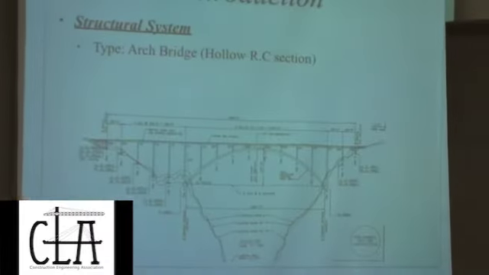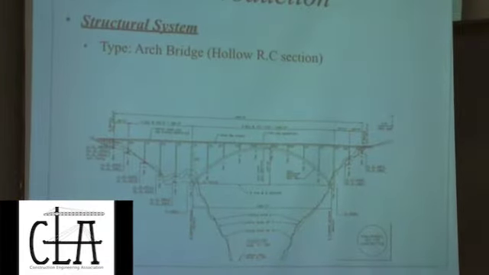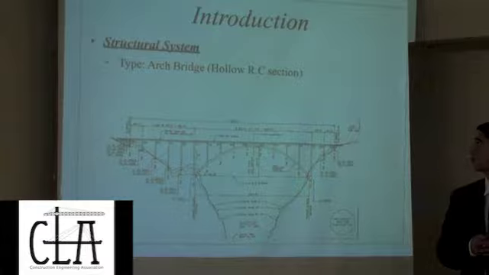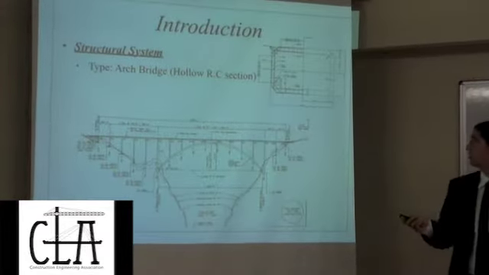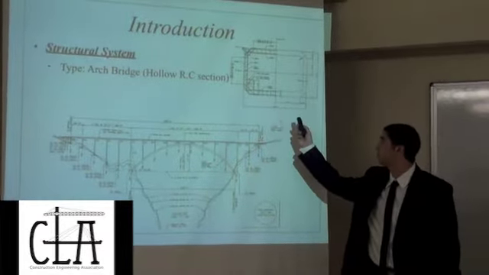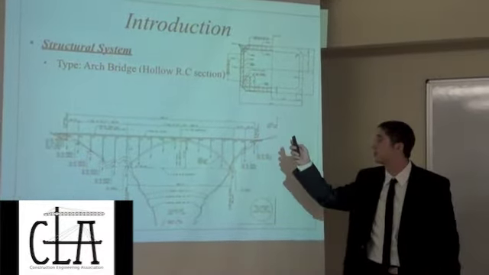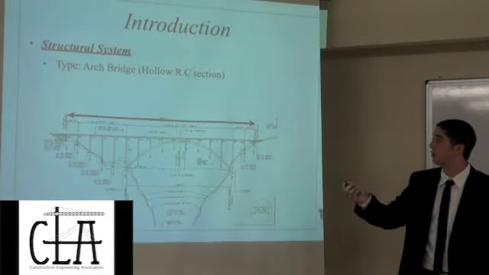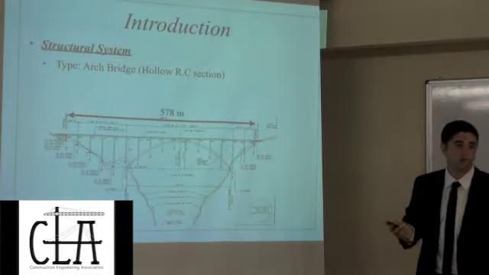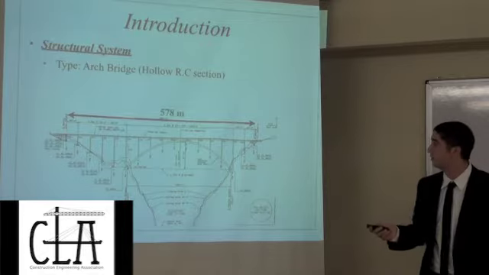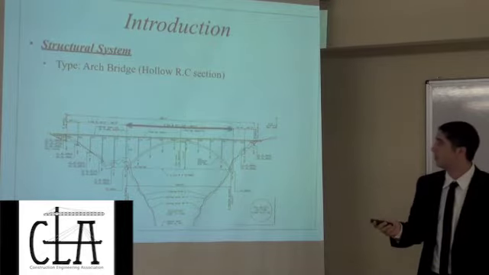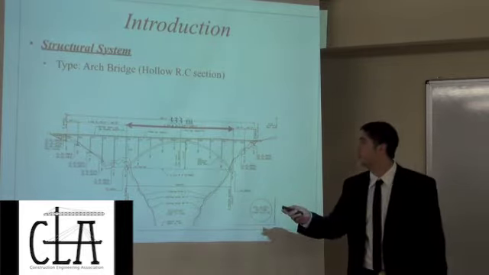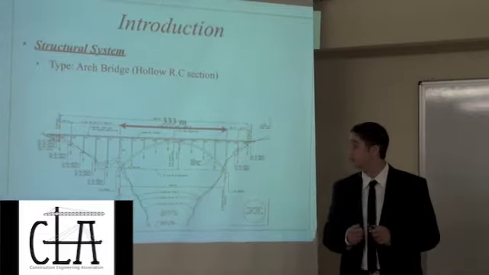The type of the existing bridge is an arch bridge, which is a hollow reinforced concrete section. As you can see, this is the reinforced concrete section of the existing bridge. And then the total length of the bridge itself is around 578 meters. Then the total length of the free span is 333 meters.